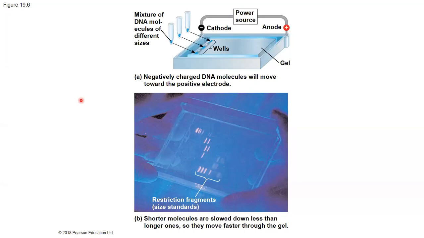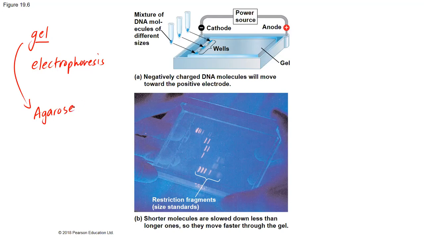So gel electrophoresis, from its name, it will involve the use of a gel material, okay? And this gel material is made from a sugar called agarose, okay? So agarose is usually a powder.